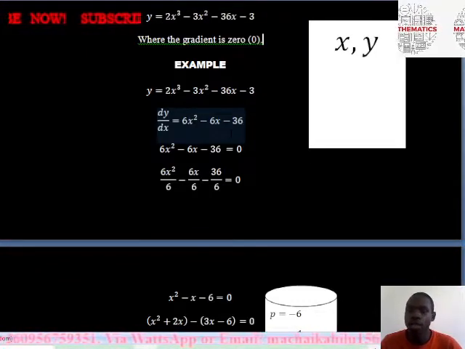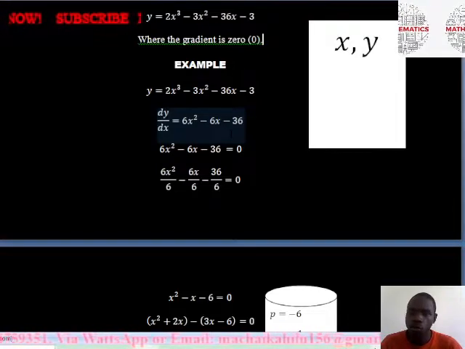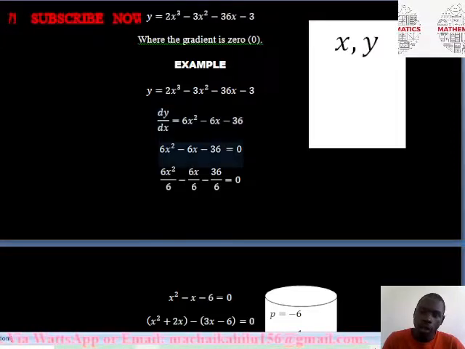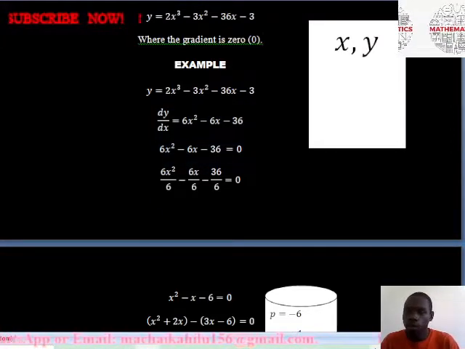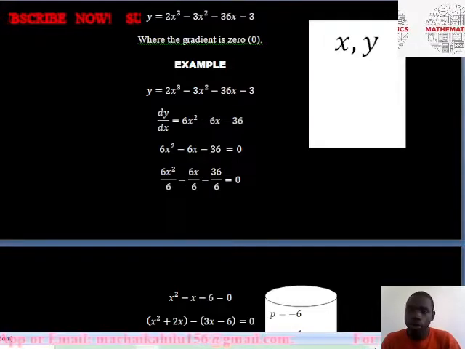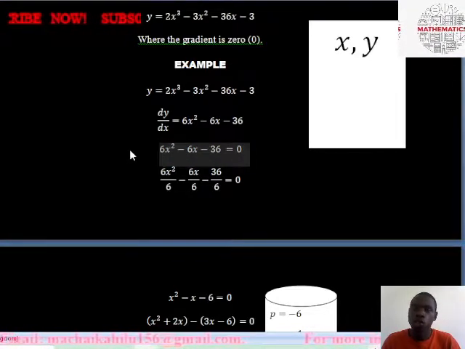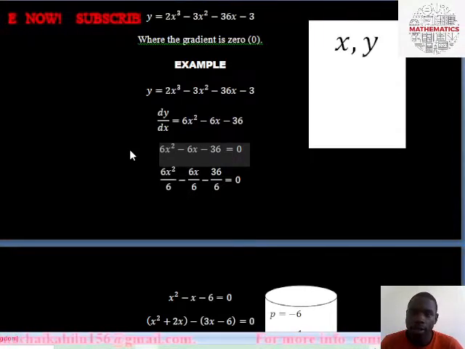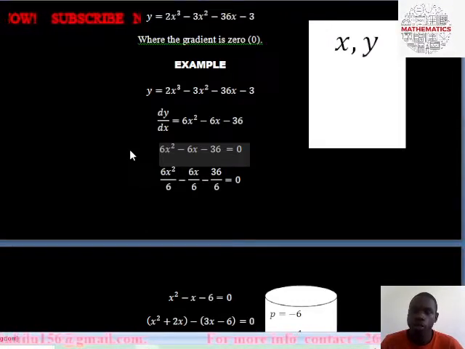All you need to do is let dy/dx be equal to 0. Just let it be equal to 0. When you let it be equal to 0, you replace dy/dx with 0, and it will give you this new equation: 6x squared minus 6x minus 36 is equal to 0.